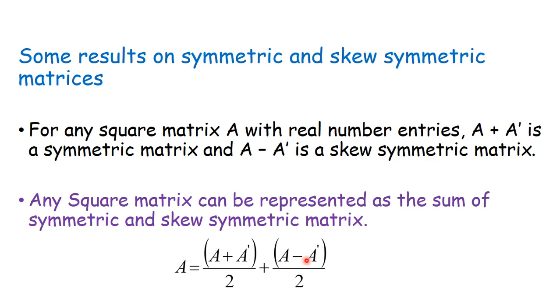Similarly, A minus A dash will be a skew symmetric matrix, and if I multiply a scalar 1 by 2 to a skew symmetric matrix, again this matrix will be a skew symmetric matrix. So this is very important result, that a square matrix can be represented as the sum of symmetric and skew symmetric matrix.